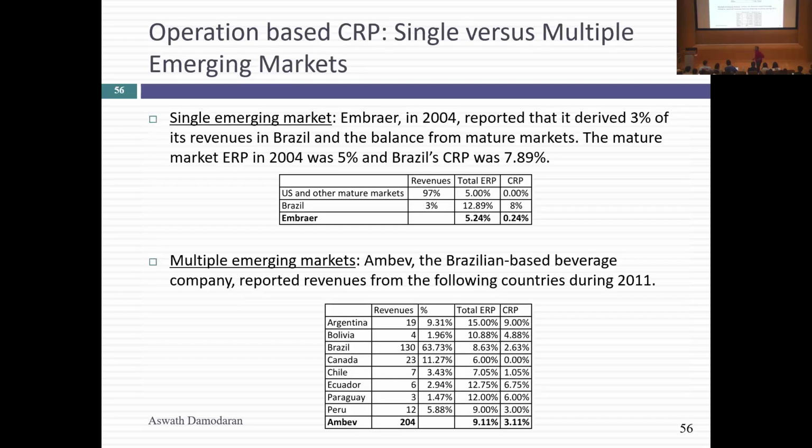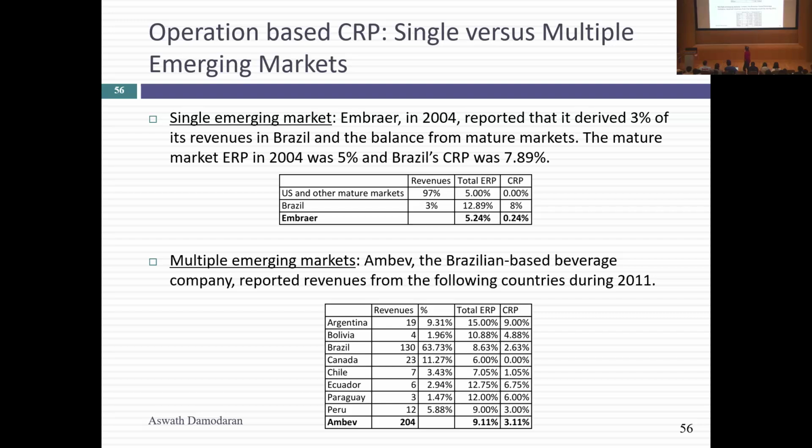So I'll take a simple example first of how this plays out, and then we'll talk about multiple countries. When I valued Embraer in 2003, they got 3% of the revenues in Brazil and 97% of the revenues in the US and Europe, primarily in mature markets, all AAA rated countries.